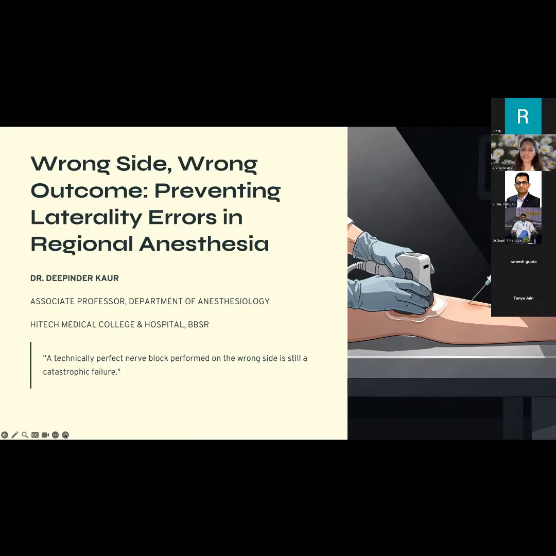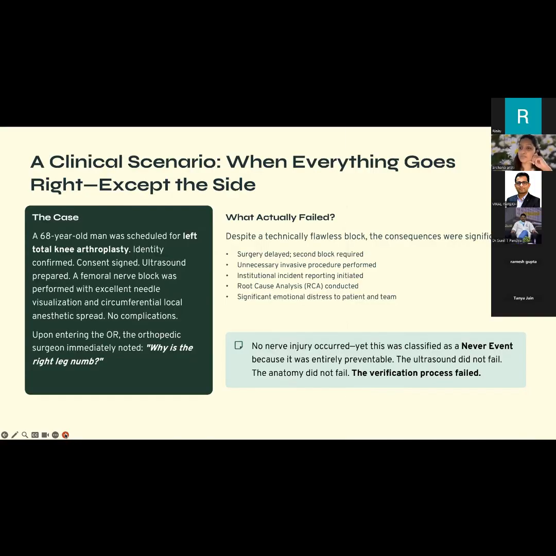This particular incident was reported in the latest web letter of the incident reporting, July 2026 edition. So what was the clinical scenario? Everything went right except for the side.